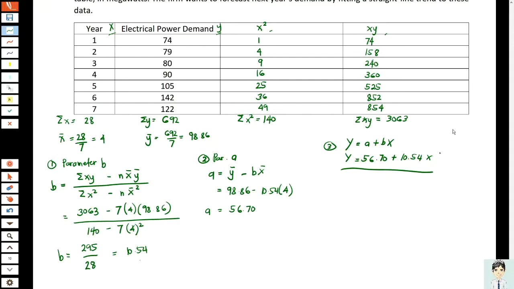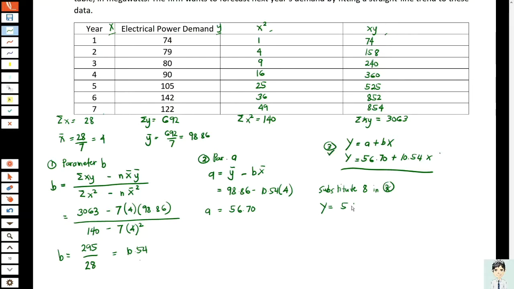Since ang hinahanap natin, diba, is yung pang 8, year number 8, so substitute 8 in x, diba?